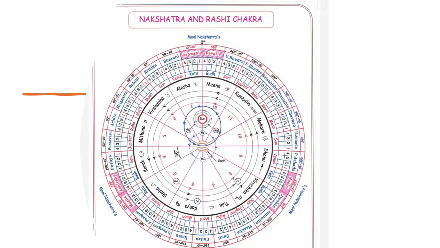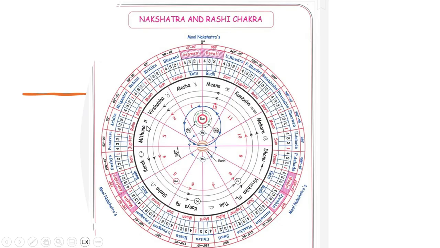Another thing, let's say I give you 68 degrees. Some planet is at 68 degrees. So it will be in Mithuna, right? This is clear.